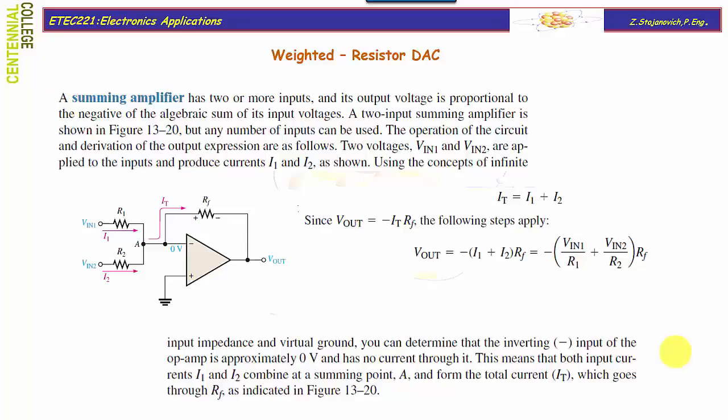Now, careful selection of resistors R1, R2, and RF can make different arrangements of that sum. But if they are all equal, then Vout becomes a simple sum of the two input signals. Of course, the negative sign indicates inversion because, as you can see, this is a typical inverting amplifier.